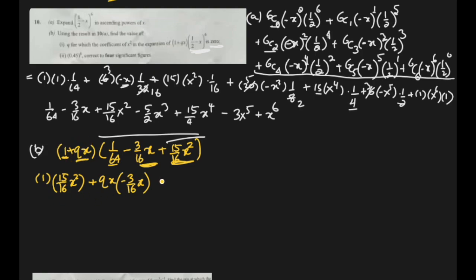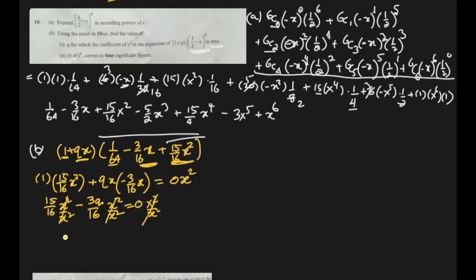So these are the only ones, and they should be equal to 0 x square. The coefficient of x square is 0. So what does it give me? 15 over 16 x square minus 3q over 16 x square equal to 0 x square. All of them have x square, so we can ignore x square. Let's divide all of them. That's why I'm ignoring it.